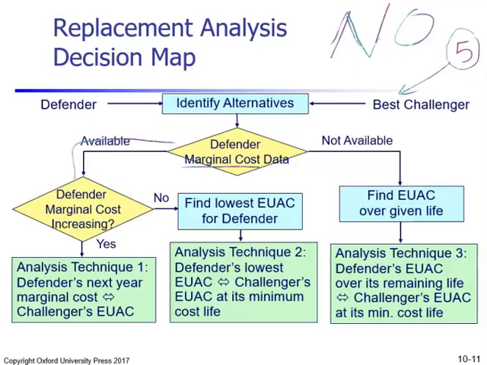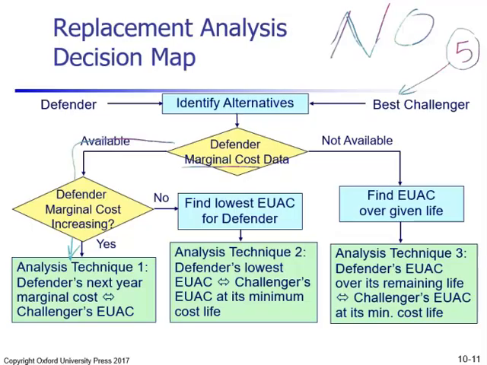According to the definition you now have for marginal cost, you exactly know what it is talking about. Yes, it is increasing. So when it is increasing, it means that in 2 years the cost of keeping this machine is higher than the cost of keeping the machine for the next year, the 3rd year.